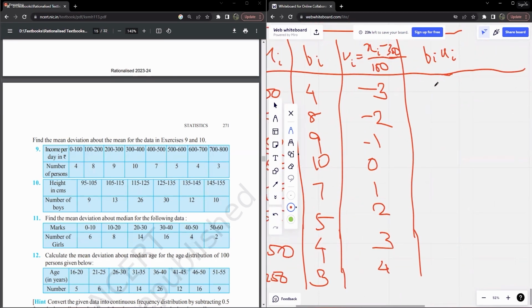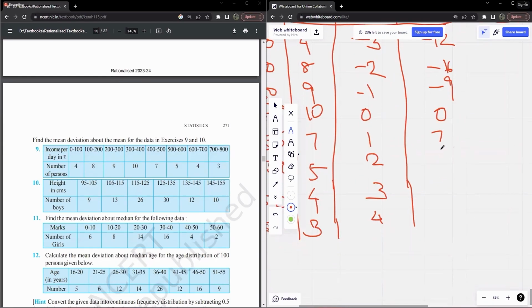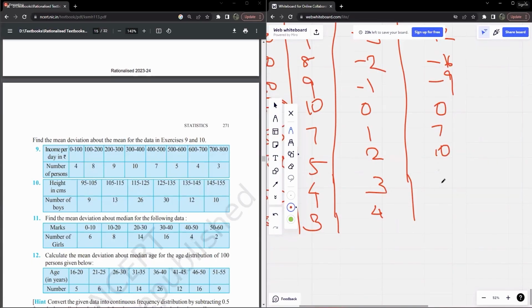And fi ui's are going to be minus 12, minus 16, minus 9, 0, 7, 10, 4 into 3 is 12, and 3 into 4 is again 12. This is going to add up, and sigma fi ui is going to basically be 4.